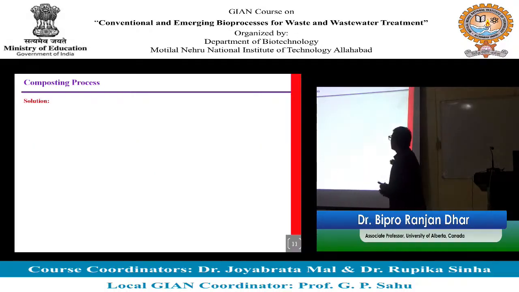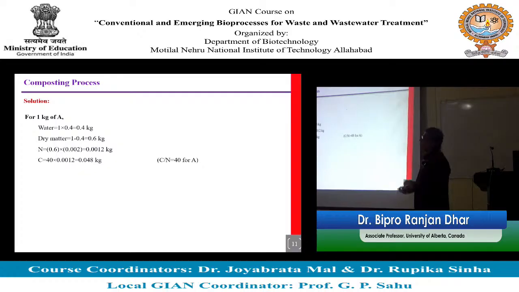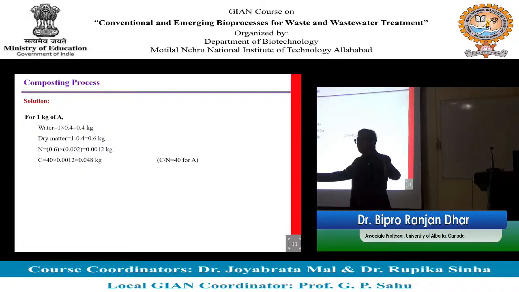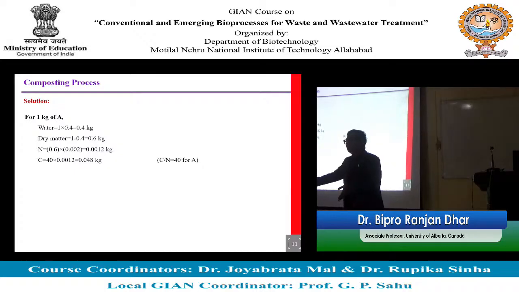So we are going to go back. We can start with a basis of 1 kilogram of waste, and I know that there is moisture there. If there is 40% moisture in 1 kilogram of waste, that means the dry weight is 60%, so 0.6 kilogram is the dry weight.